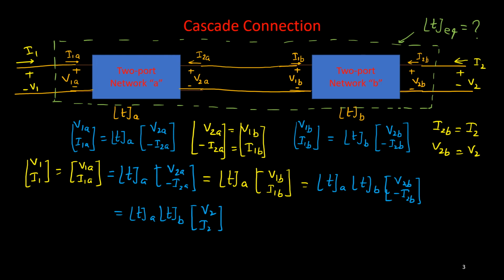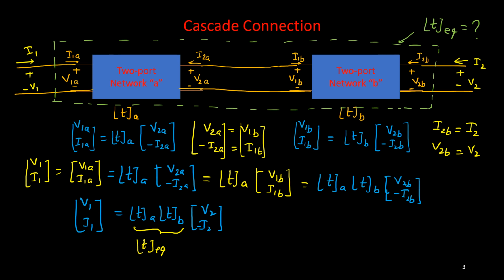So you see the left side I can write as V1, I1. This is the equivalent T that we can form. Minus sign will be there, sure, because it was minus I2B. So it is the same form.